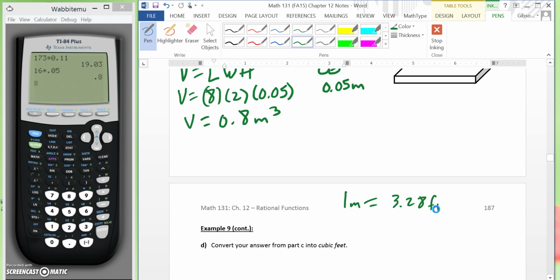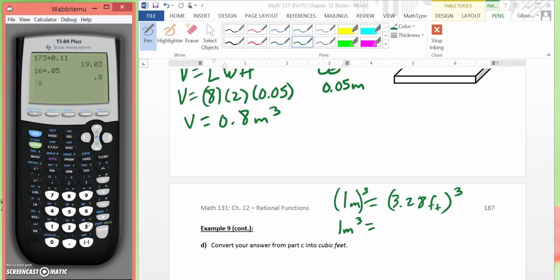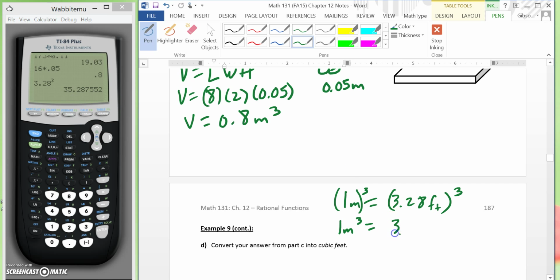So it'd be 3.28 feet, and we would take this to the third power. Actually, we'd take both sides to the third power. So we would have 1 cubic meter is equal to 3.28 to the third power, and that would give us 35.287552.